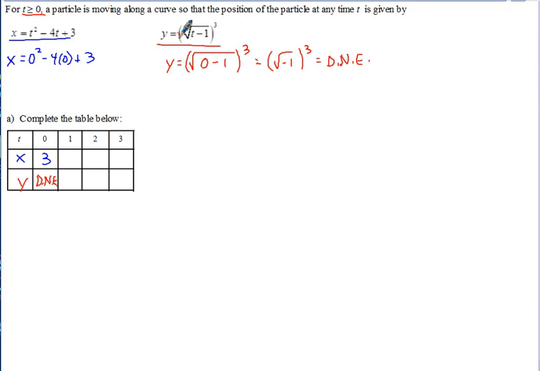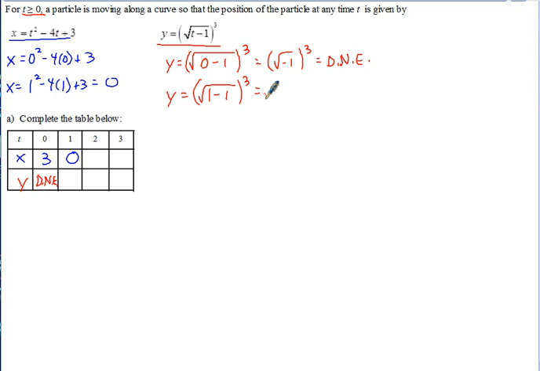So let's try time 1. That's 1 minus 4 plus 3, so that's 3 plus 1 is 4 minus 4, which gives you 0. So at time 1, the x-coordinate is 0. And for the y-coordinate, once we plug in 1, we get the square root of 0.